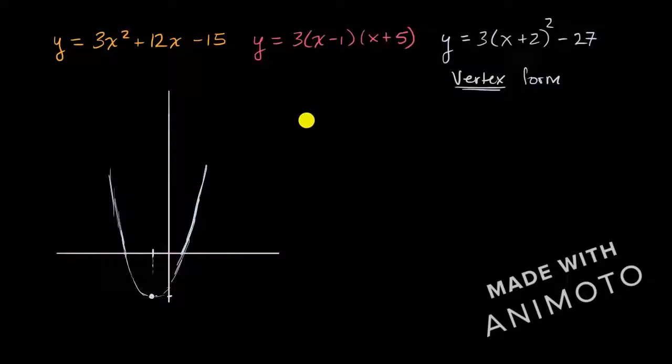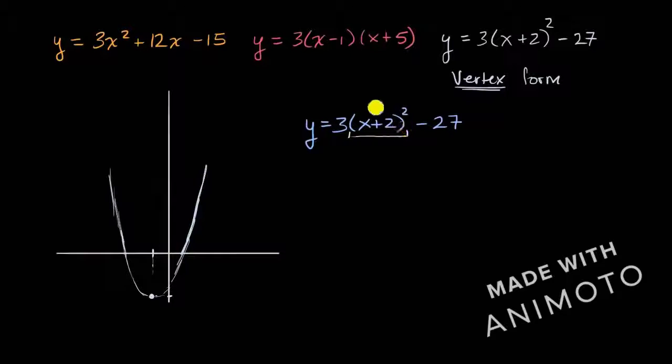Let me just rewrite it again. We have y is equal to 3 times x plus 2 squared minus 27. The important thing to realize is that this part of the expression is never going to be negative. No matter what you have here, if you square it, you're never going to get a negative value.